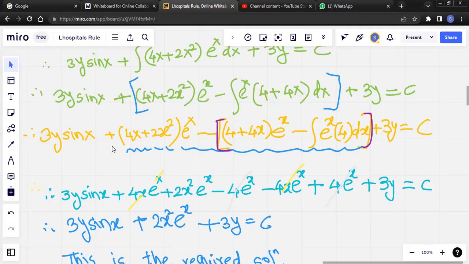Now let us simplify this. 3y sin x as it is, we are multiplying in 4x e^x plus 2x^2 e^x. Let us open this bracket.